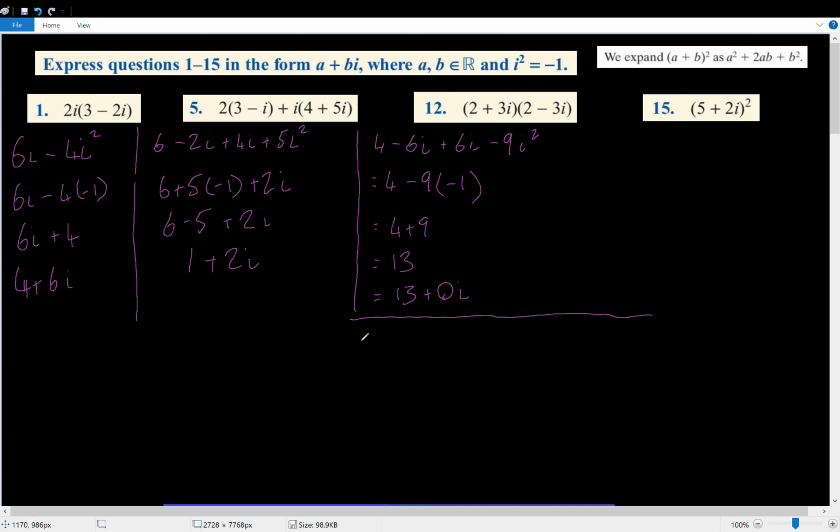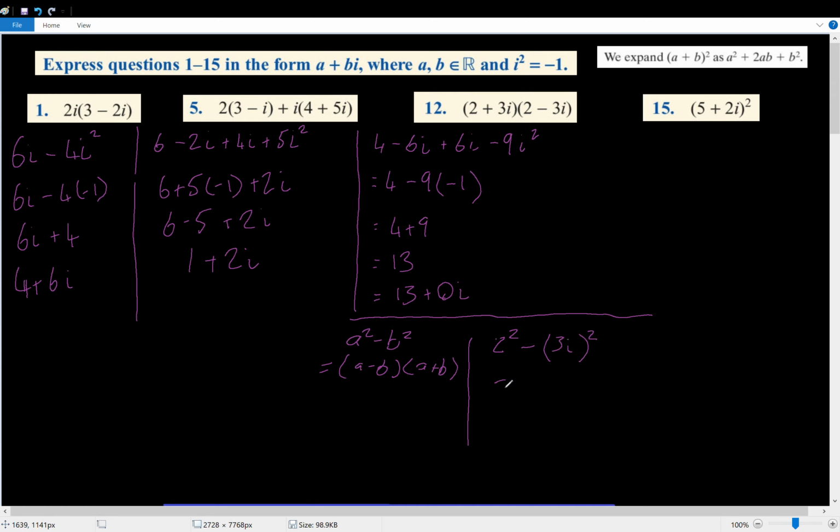Now the other way that we could have done this is if we remember our factorizing difference of two squares, where we have a squared minus b squared, and that can be factorized to be a minus b times a plus b. That's exactly what we have up here, just going the other way. So from our very first line in question 12, we could go straight to 2 squared minus 3i all squared.